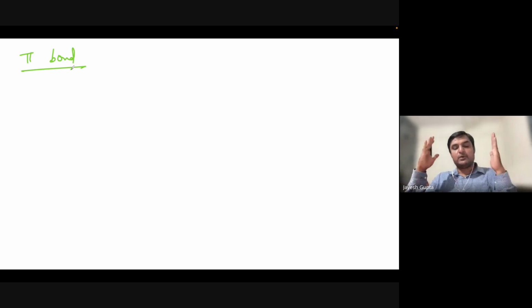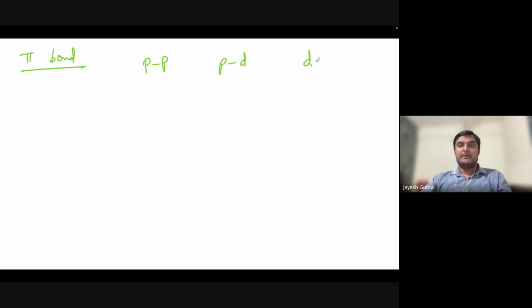For pi, what I've told you, lateral overlapping. Lateral overlapping requires P and P, P and D, and D and D. S cannot have a pi bond because it is symmetric in all directions, so from any direction the orbital approaches, it will become head on.